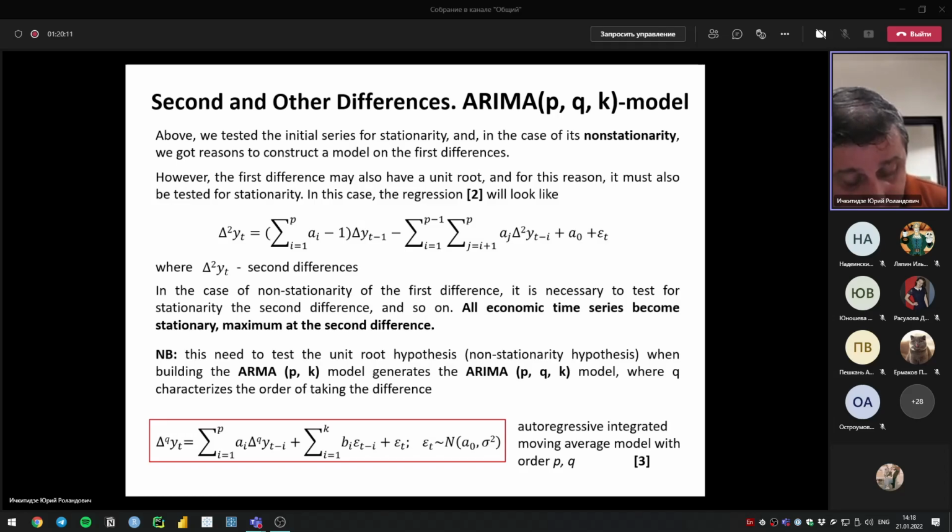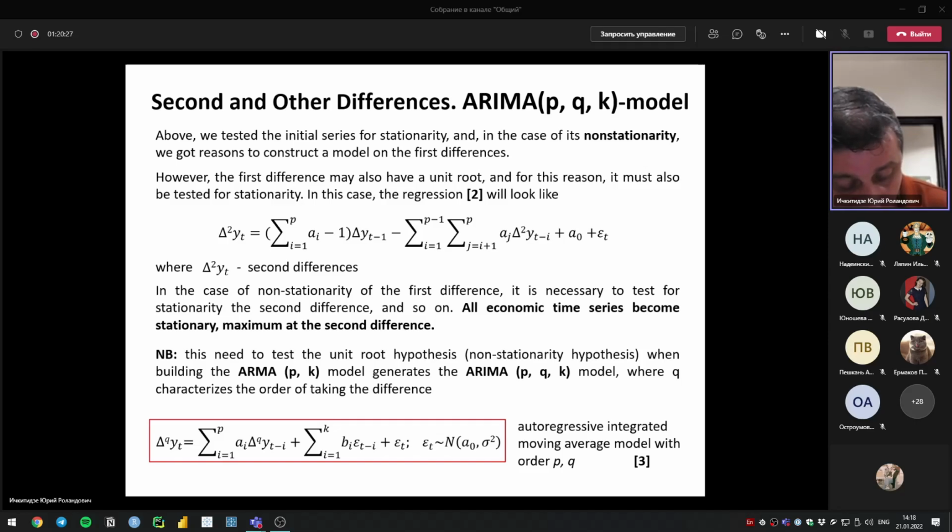If the first difference turns out to be non-stationary, then accordingly we similarly pass to the second differences, and so on. For economic data, one doesn't have to go further than the second differences.